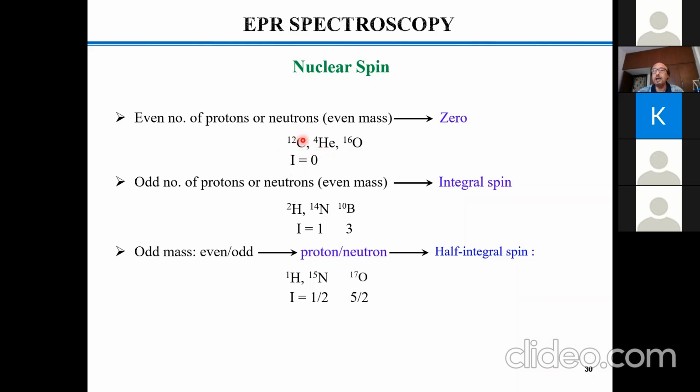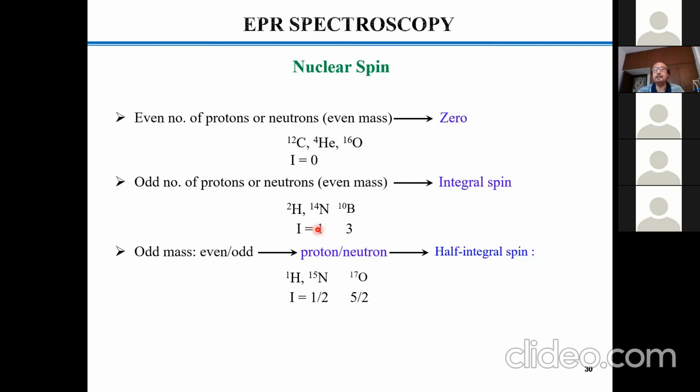That means if you have any molecule, say a carbon containing molecule, where one unpaired electron is attached to the carbon center or helium or oxygen center, then you can only have the ESR spectrum due to the ms state, because mi equal to 0 over here. No hyperfine interaction or super hyperfine interaction should be there for this kind of nucleus center.